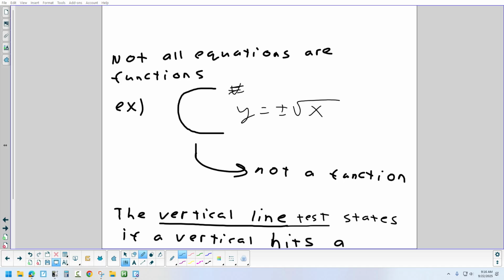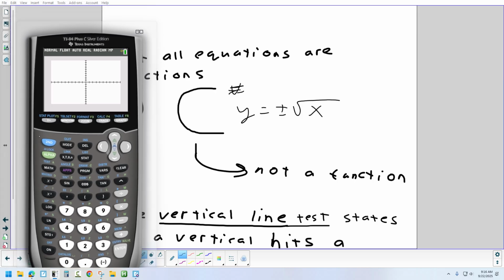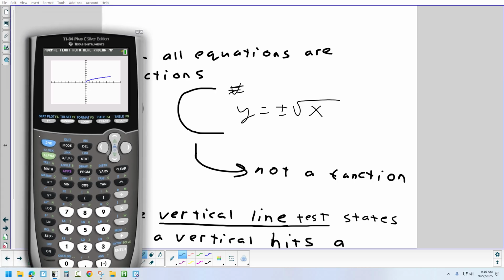Let me type that in. You can just watch me type this one in. Square root of x. I don't have a plus or minus symbol, so I have to type it in as 2 separate graphs: positive square root, negative square root. So there's your positive, and here's your negative. If you plug in one number for x, you get 2 answers for y.